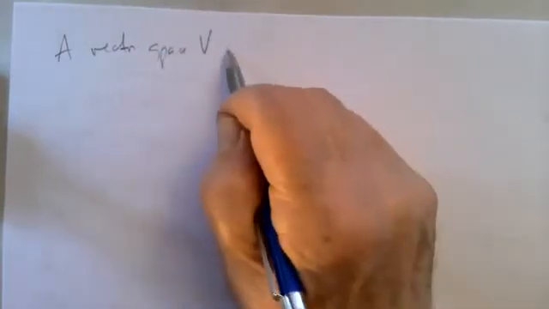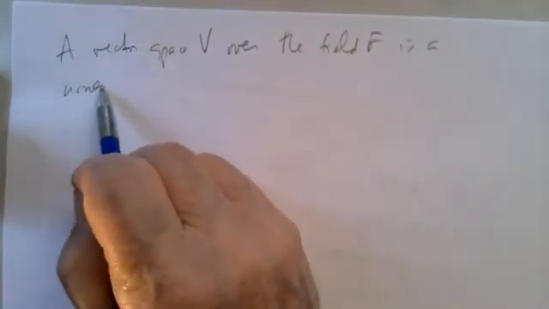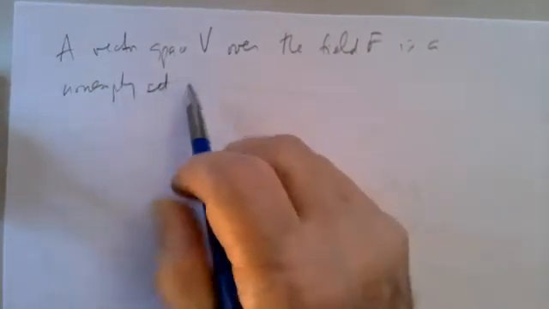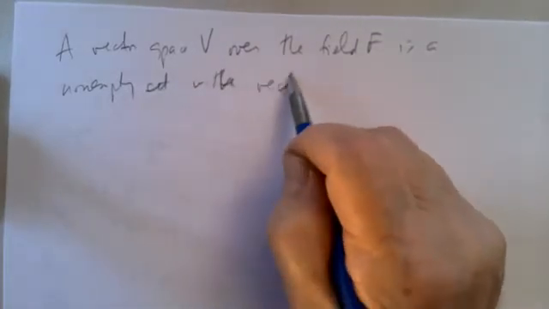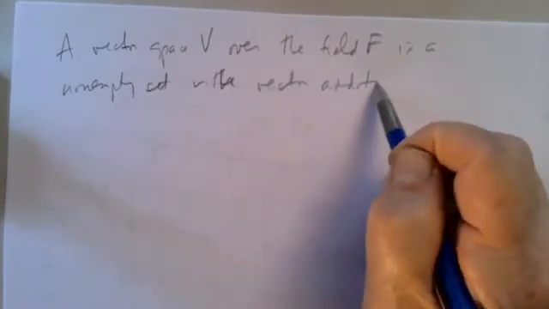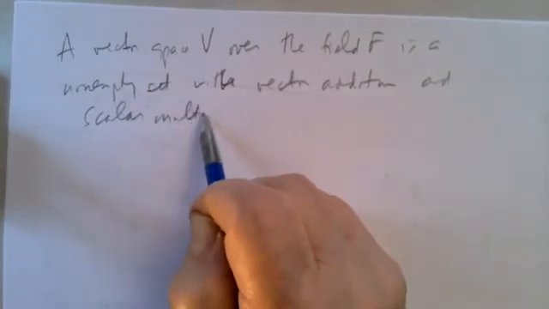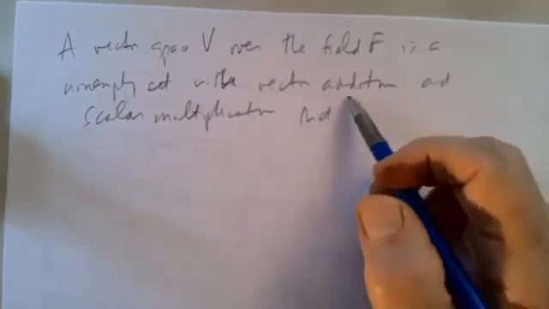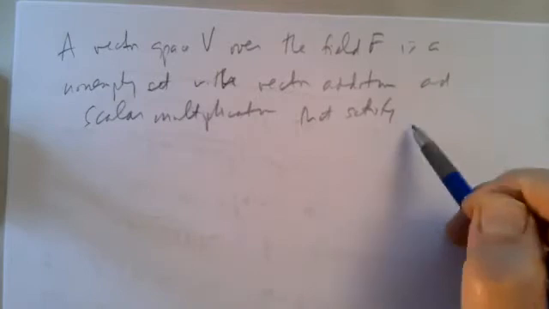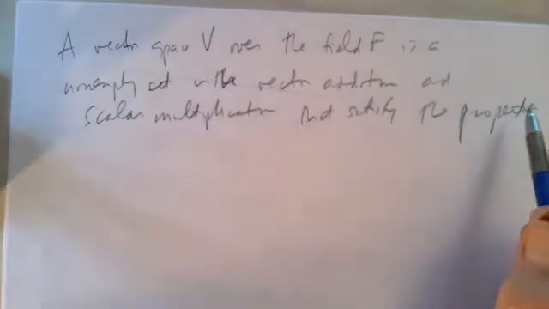A vector space V over the field F is a non-empty set with operations of vector addition and scalar multiplication that satisfy all of the properties that I'm not going to write down again.